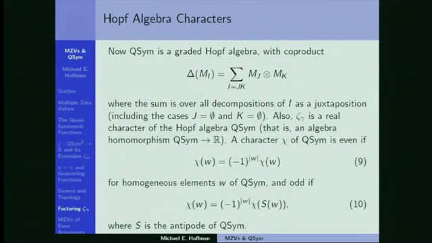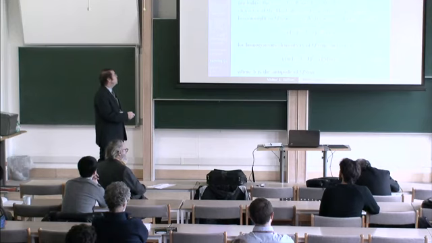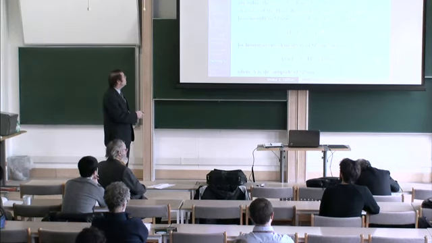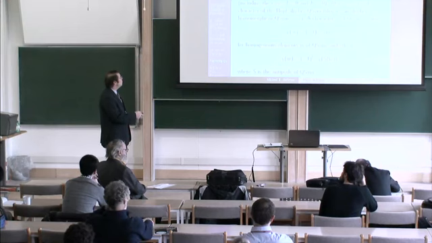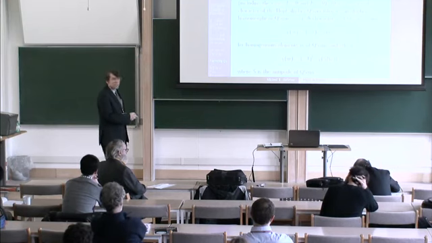Now, a character is called even if it sends every homogeneous element W to (-1) to the weight times chi of W. Of course, this says nothing if the weight of W is even, it just says chi of W is chi of W. If you're working over characteristic 0, it says that chi of W is 0 if the weight of W is odd.